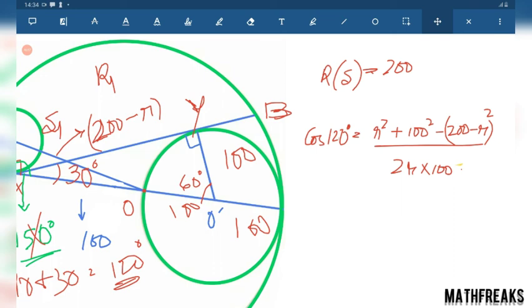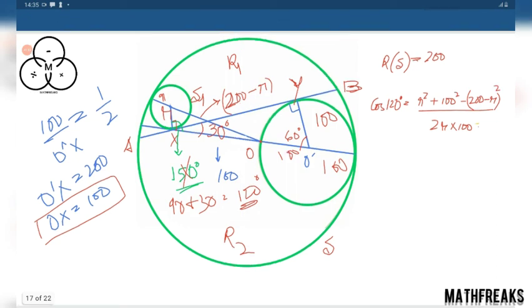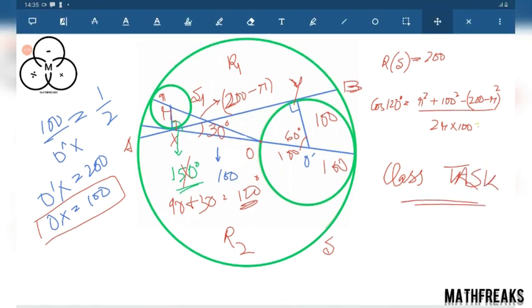Simply apply this, we will get out the value. I am not going for the simplification. This is a class task, that is pause it, solve it, so that you will better understand.